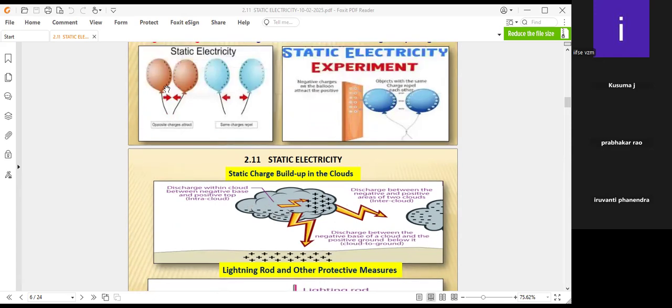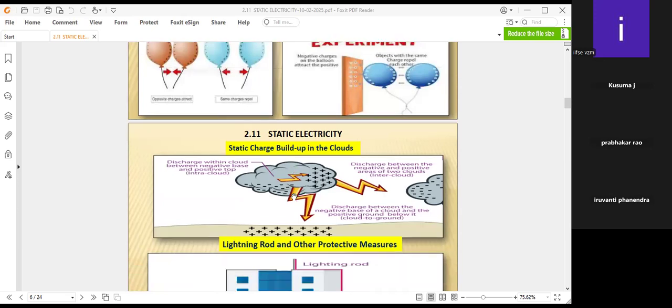That means within the balloon. Here is cloud to cloud, that means inter, where one cloud is attracted toward another cloud. Therefore, where the charges are separated, these are also separated. The protons dominate, the positive charge is attracted towards the cloud of the negative charge, or vice versa.